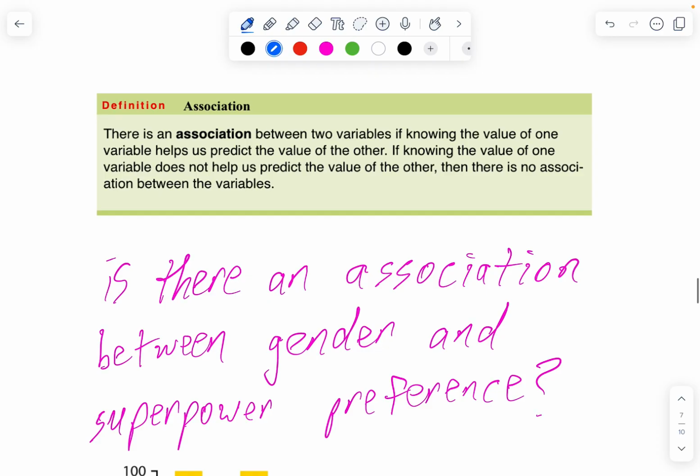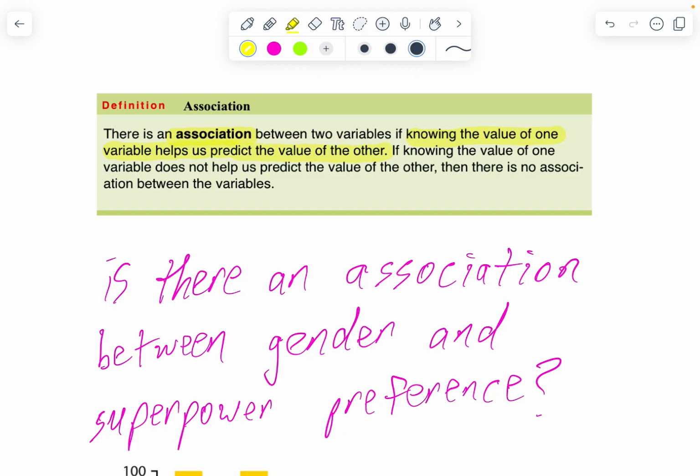Now, by looking at what's going on in this graph, we should be able to determine that there is an association between the two variables. Their association exists because we do know the value of one of the variables is helping us predict the value of the other.